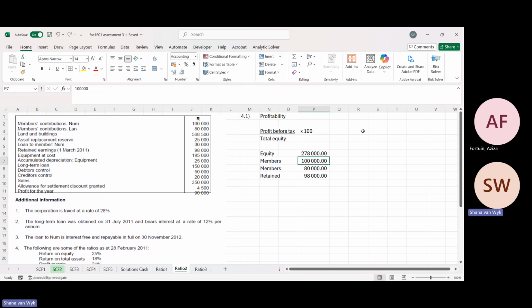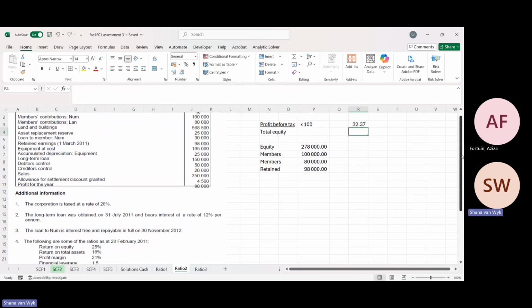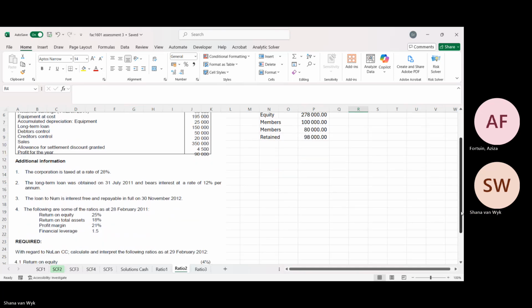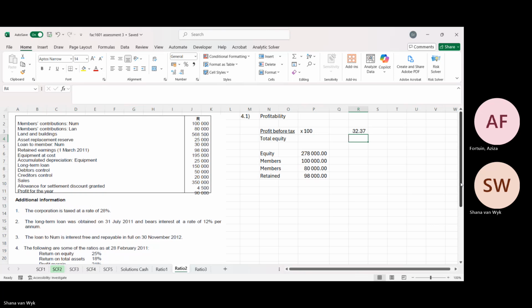Okay, so our ratio would be profit before tax 90,000 over equity. I got 32% in 2012, and in 2011 it was 25%. Is that good or bad?